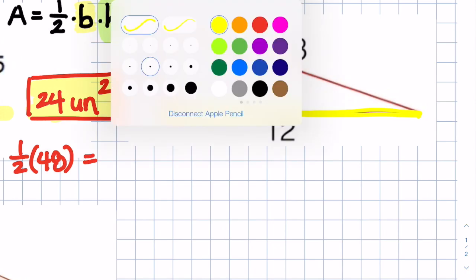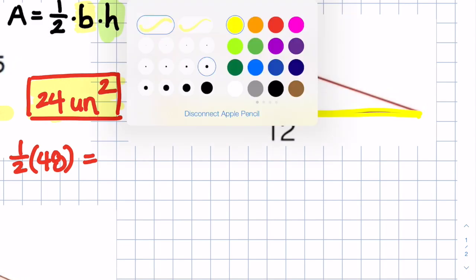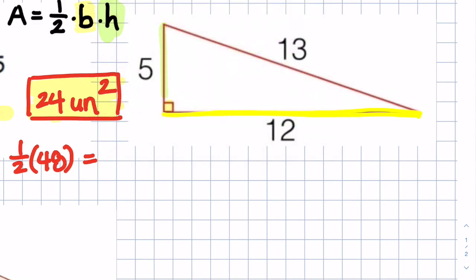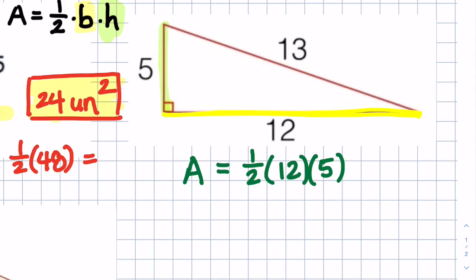And then height is usually the one from the lowest point of the triangle to the highest point on the triangle. So we could also find the area of this triangle. We would say area is 1/2 base times height. That would be 1/2 of 60, which would be 30 units squared.